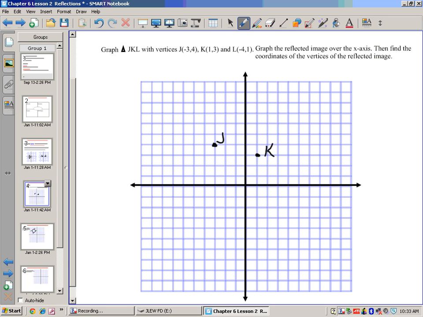And L is -4, 1. You might want to write the coordinates down of your spots along with it.